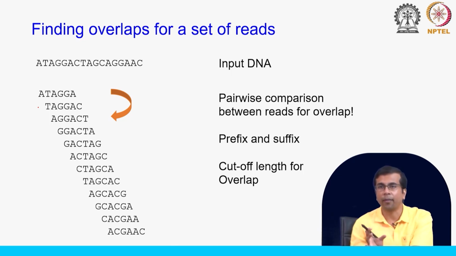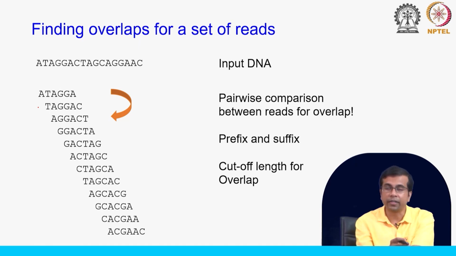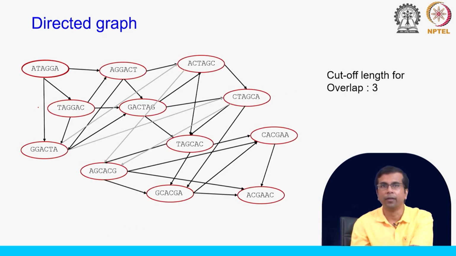We need a certain amount of overlap, just to avoid spurious overlaps, or overlaps just by chance. One base overlap, or a few base overlaps, will happen by chance. So, you need to decide on a cutoff length. As you will see in these examples as we go on, we will choose these cutoff lengths, and then we will generate the directed graph with all the directions, or arrows.